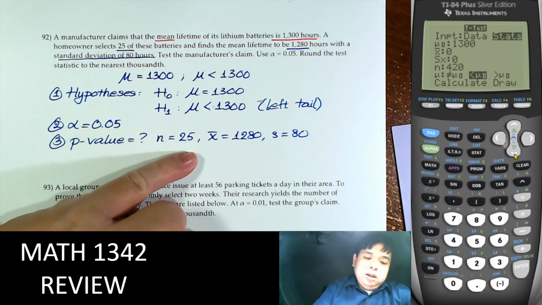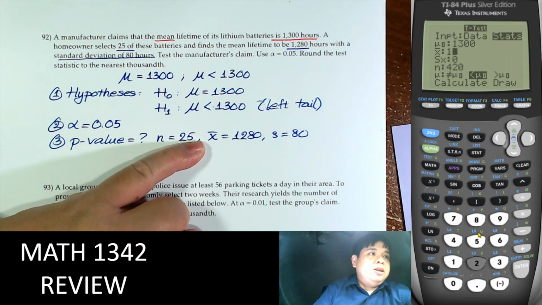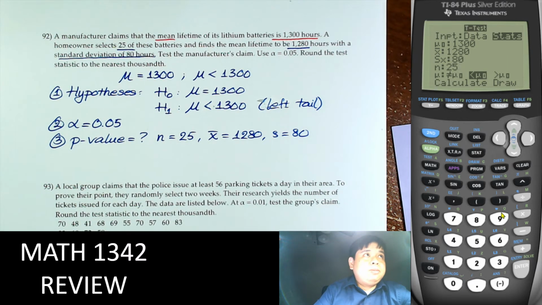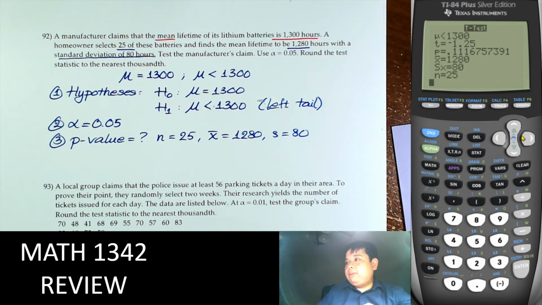The mean is 1280, s is 80, n is 25. And then we calculate the p-value, which is 0.11.